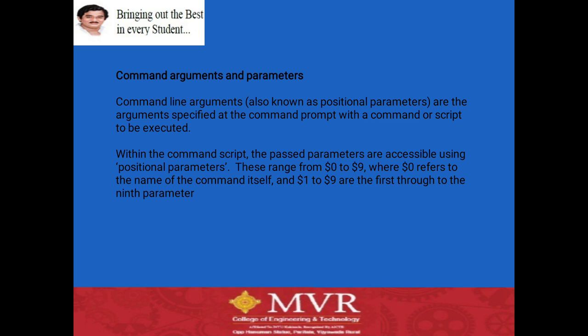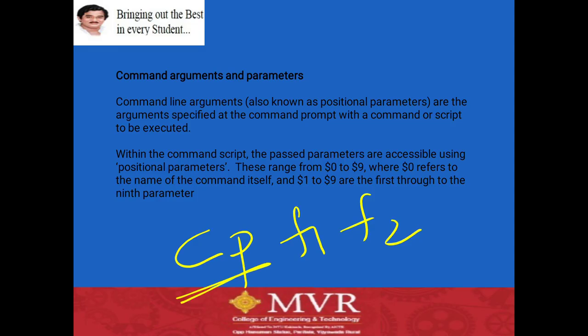Now command line arguments as parameters, as said, are command arguments, or positional parameters we will call them. Command line arguments are the arguments specified at the command prompt with a command or script to be executed. As I said, if you are giving cp file1 file2, this is the command cp taking two arguments, one is f1, the other one is f2.